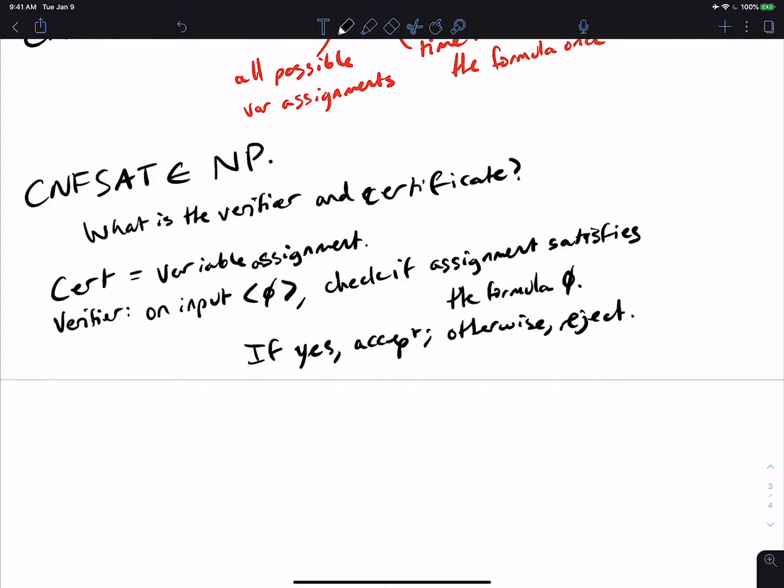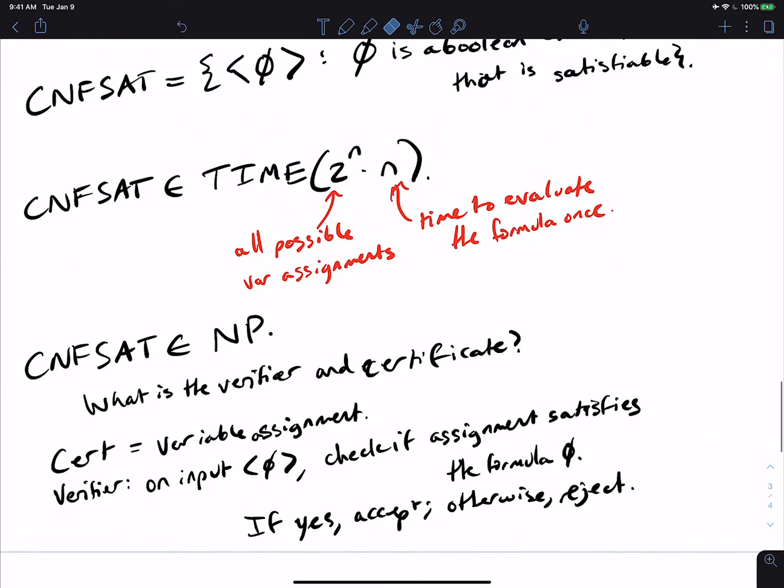So the certificate is just the proof that a formula is in CNF-SAT, meaning that it's satisfiable, and this verifier just checks whether that assignment really does satisfy the formula. You can do that in polynomial time because you don't have to go through all possible assignments.